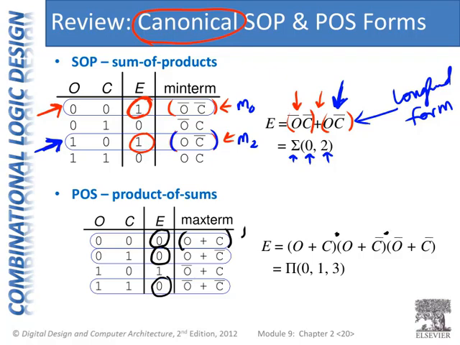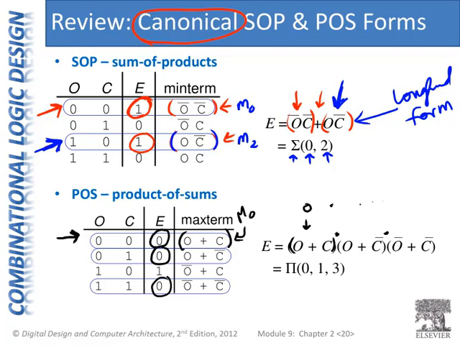This term here, max term 0, is false when O is 0 and C is 0. So we include that in our equation. E equals O or C. That max term will force the output to 0 in the 0, 0 case. We get 0 or 0, that will evaluate to 0. Anything in an AND relationship where there's a 0 as one of the terms will evaluate to 0.